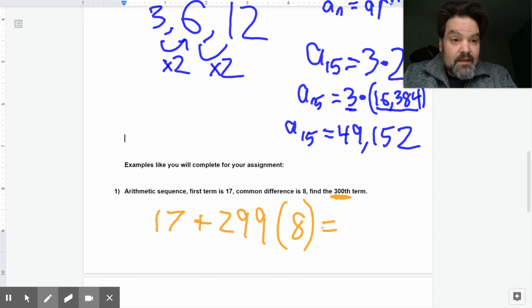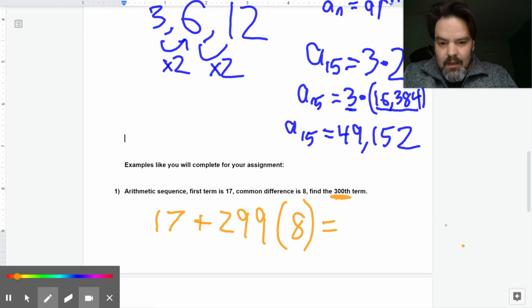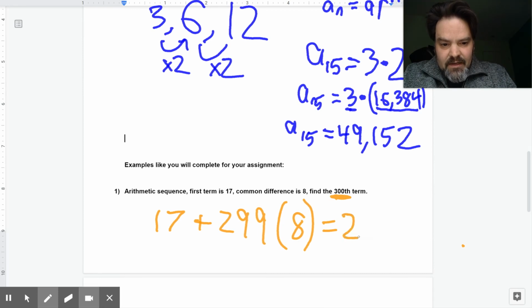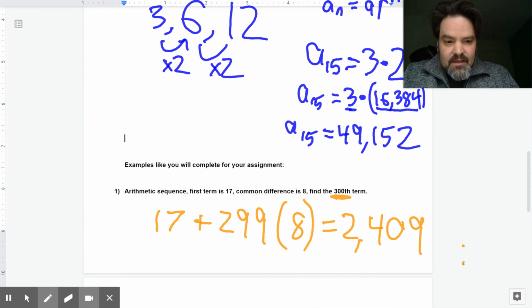You do 8 times 299, and then you would add 17, because in order of operations, you want to do your multiplication before you do the adding. And when I do the math there, the final answer is 2,409. So if that's 299 times 8, and then to that, I simply add the initial 17. So that's how the formula works.